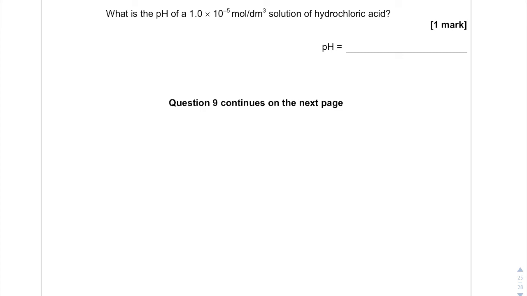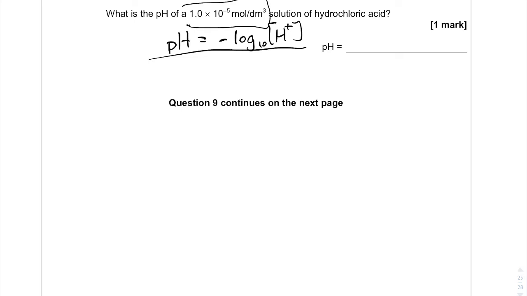I don't think you should know that pH can be measured by minus log base 10 of the hydrogen ion concentration. I don't think this equation is in spec, but it might be nowadays. Do let me know. But basically, if you run this concentration of hydrogen ion, you're going to get 5.0. And that's just how it is.